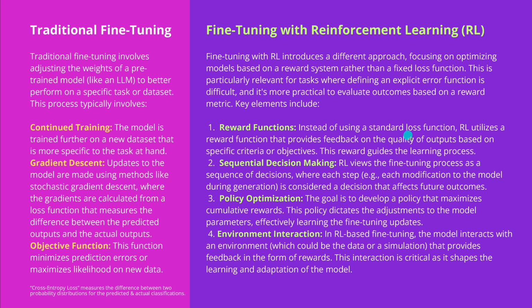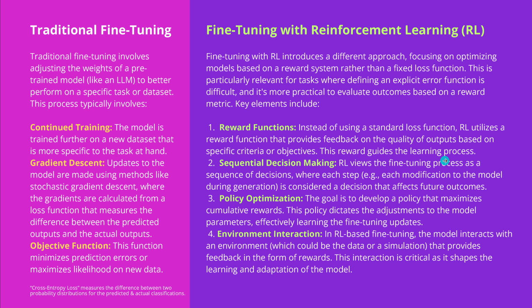Step 1, instead of using the standard loss function from the pre-training phase, reinforcement learning utilizes now the reward function that provides feedback on the quality of the outputs based on specific criteria you defined. And this reward guides now the learning process.